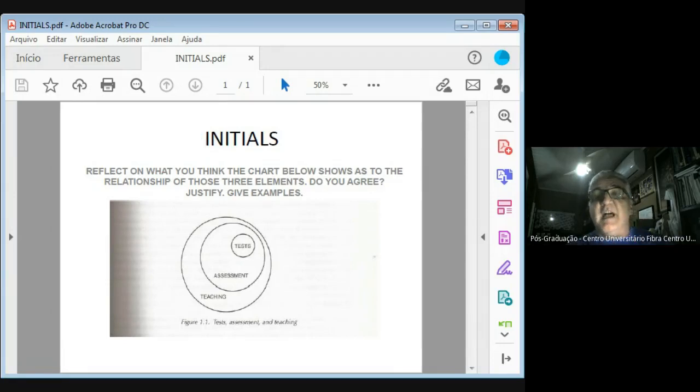So for some writers, for some authors, assessment and evaluation are the same. They are synonyms. They have no difference. But this is not completely correct. Assessment doesn't involve decision.